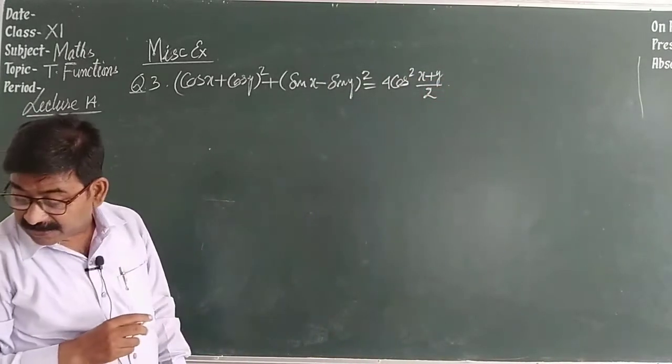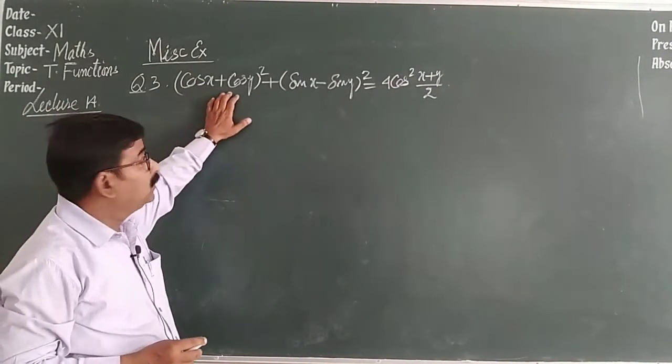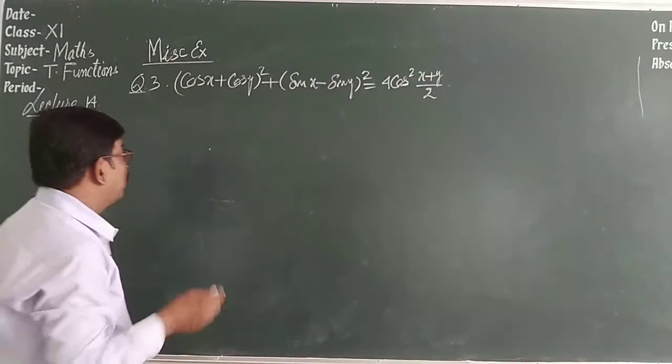This is the result. Very simple one. Here we have the cos x plus cos y formula, and here we have the sin x minus sin y formula. Apply the formula, make it square, and you can get the result.